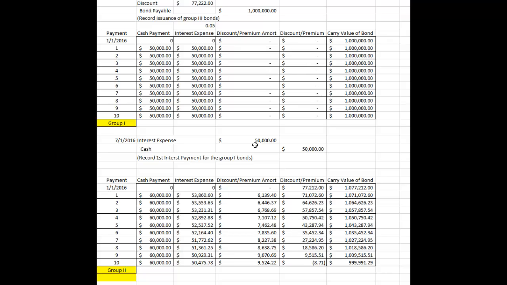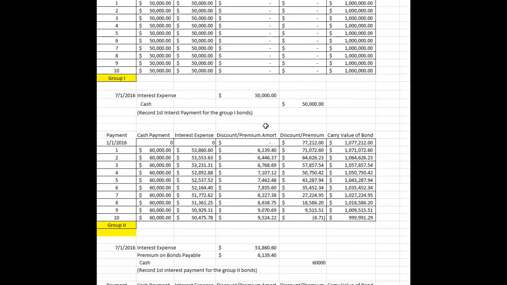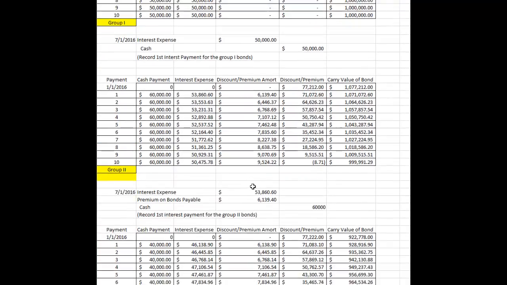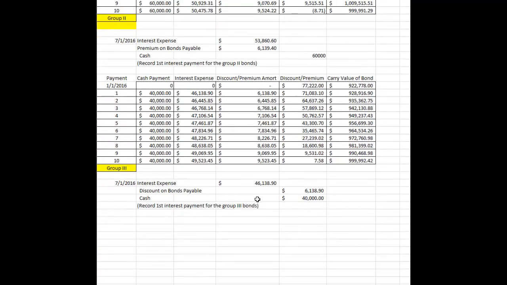We borrowed the money for 1 year, so we should have 1 year's worth of interest expense. Currently, we only have 6 months' worth for each group. So the interest expense is understated, and if an expense is understated, profit is overstated. So we're misleading the investors.